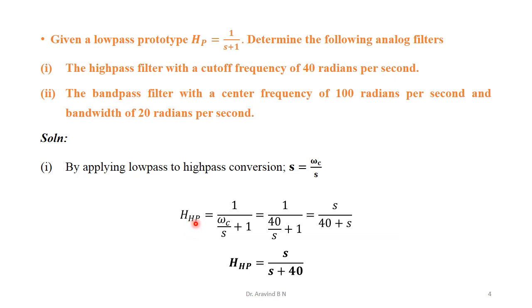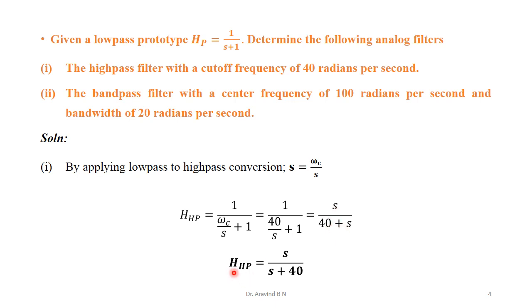So HP will be equal to 1 divided by, in place of S we are substituting omega C by S, plus 1. Omega C is given as 40 radians per second. Taking the LCM over here and resolving this, we are going to get S divided by 40 plus S.